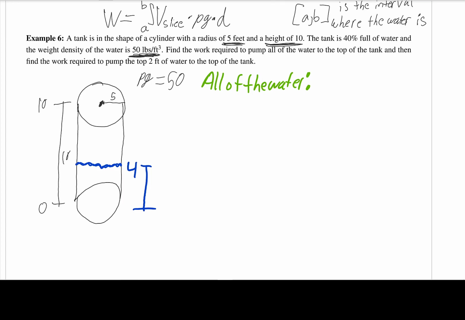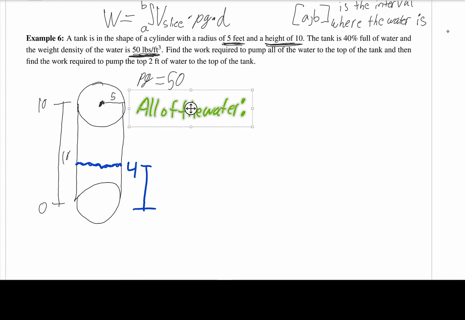When we look at this scenario, let me move this over here so it maybe makes a little bit more sense. Okay, so work is going to be equal to the integral from a to b. So that's the interval where the water is. So that's from 0 to 4.